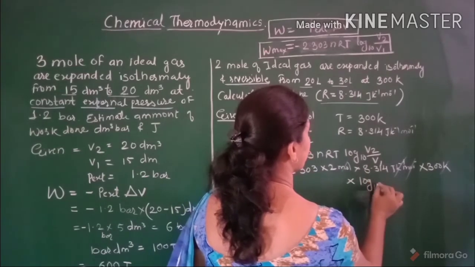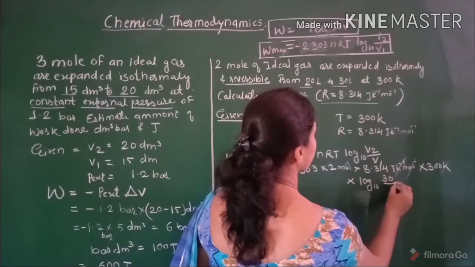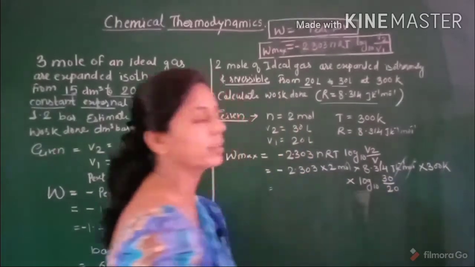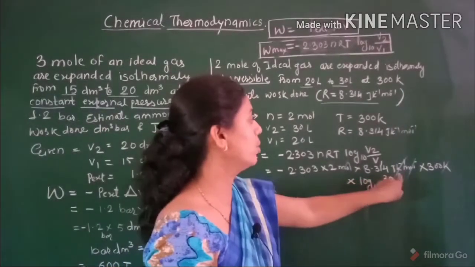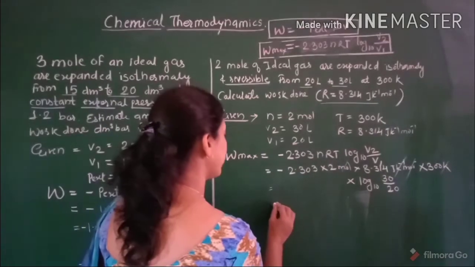Log to the base 10 of the value of V2, which is 30, and the value of V1, which is 20. Mole cancels with mole inverse, and Kelvin inverse cancels with Kelvin. So what is your final answer?